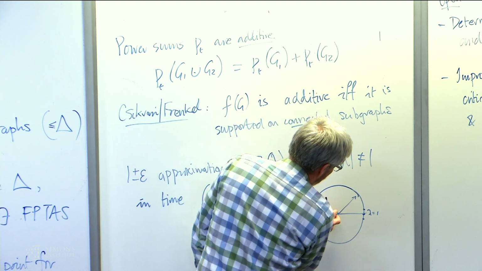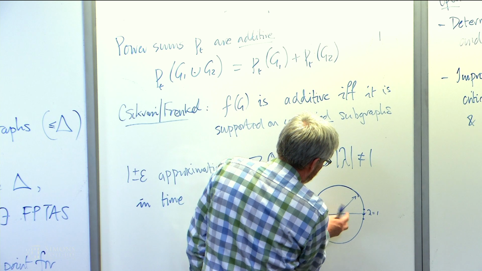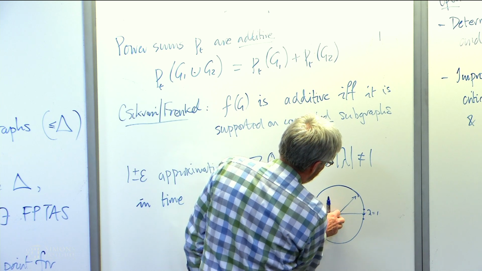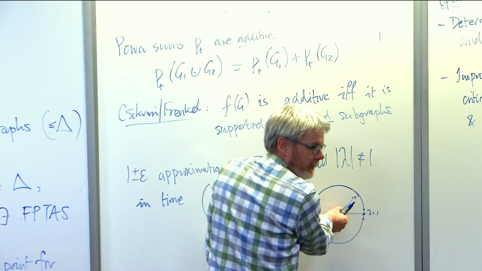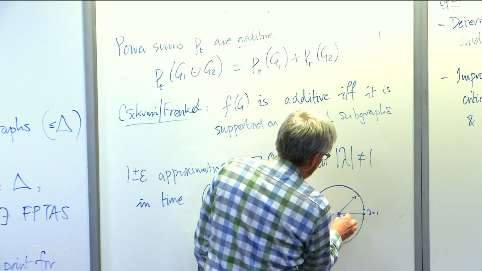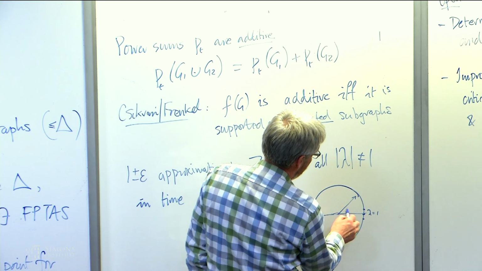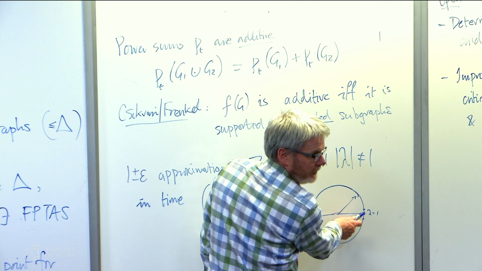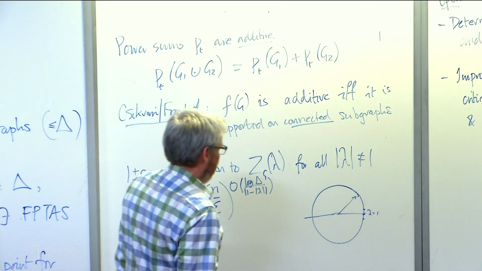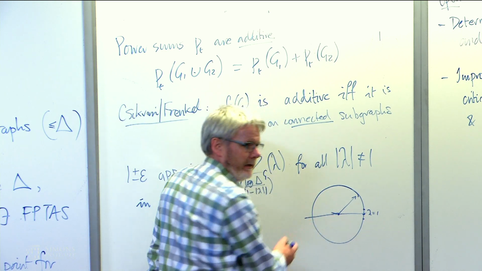You don't really need a disk. I'm sure Sasha will talk about this tomorrow: as long as you've got a bounded width strip, you can thread it to this point and still make the method work. But these distances get arbitrarily small as the graph gets large. You might be able to do it, but we don't currently know how to get over this.